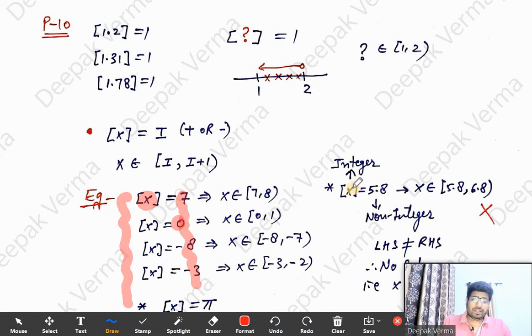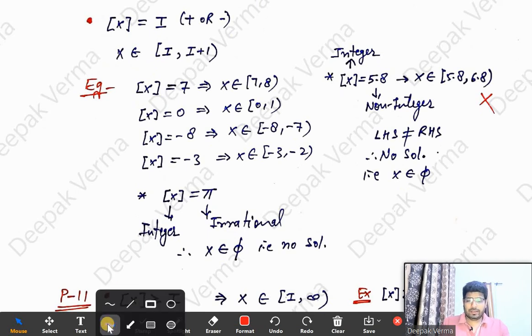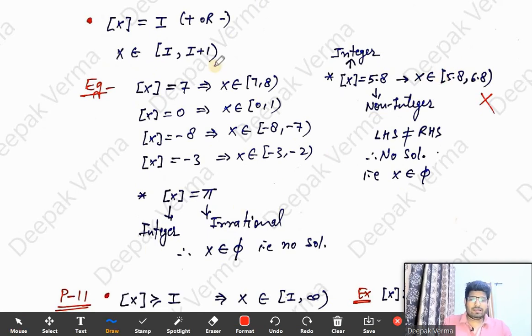Now what if we take box x equals to, let's suppose, 5.8. If I write box x equals to 5.8, and someone writes according to this rule, x will belong to 5.8, 5.8 plus 1, that is 6.8.